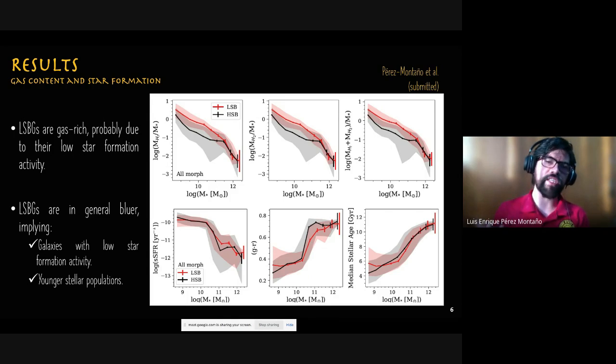So the main question is where these episodes of star formation are occurring. We attempt to study the places where the star formation episodes take part, and we found that the star formation is taking part in the outer region of these galaxies.